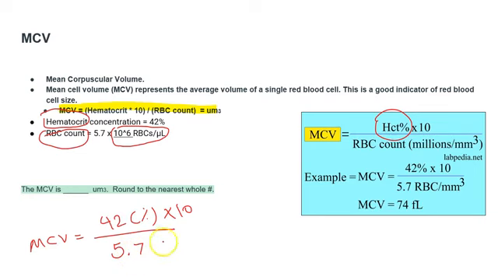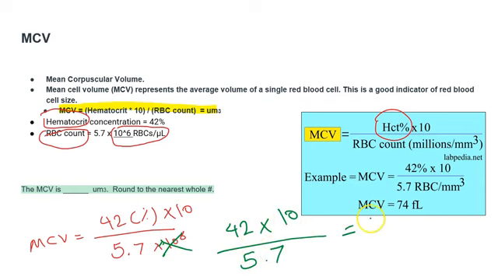You're not going to multiply it by million, please don't do it. We are going to consider the million as our unit. So the only thing that you should do is 42 multiplied by 10 divided by 5.7.